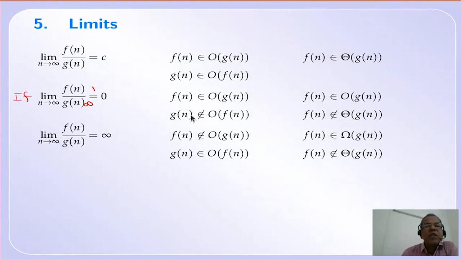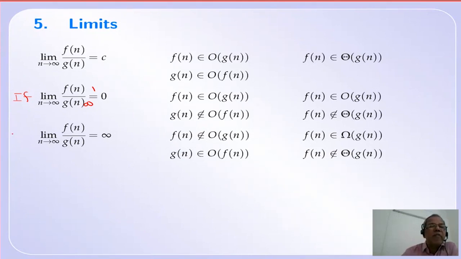And you may say g of n is not big O of f of n. Equivalently, you may say f of n is big O of g of n, but you cannot say it is a tight bound. f of n is not theta of g of n.